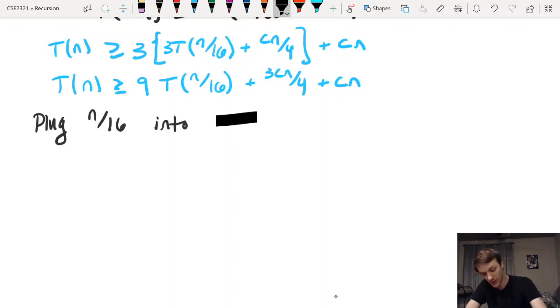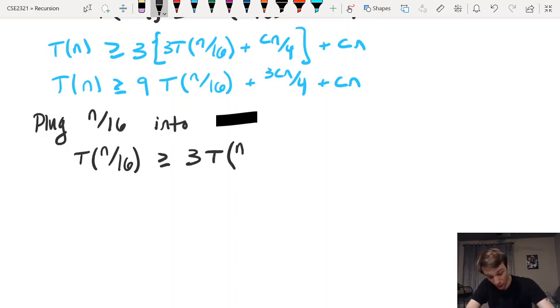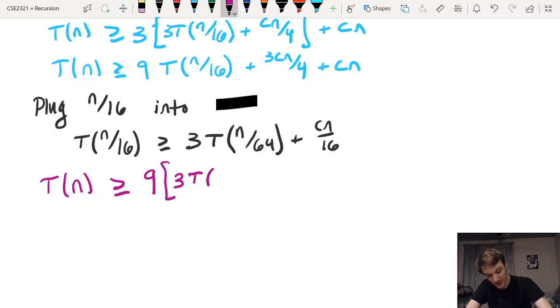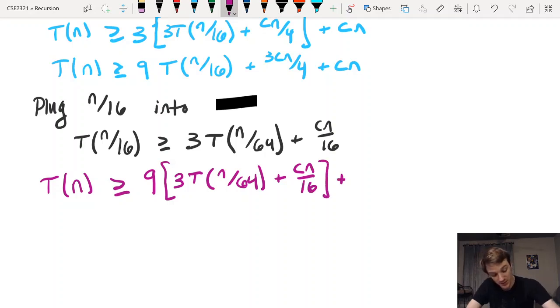Making that substitution, we have T(n/16) on the left-hand side is greater than or equal to 3 T(n/64) plus cn over 16. We then substitute that into the blue equation and have T(n) is greater than or equal to 9 times, making the substitution, 3T(n/64) plus cn over 16, plus all those additional terms we had from the original problem.